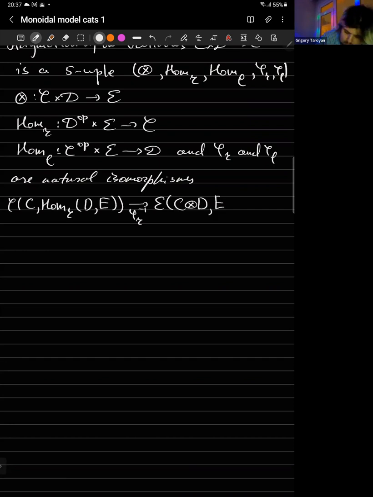So basically, we're writing the tensor-hom adjunction, but in a very abstract setting. That is why we required these bifunctors and stuff like that, but actually it's just a tensor-hom adjunction without any real meaning to tensors or homs.